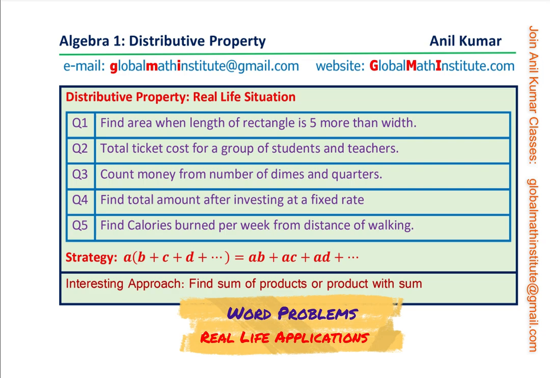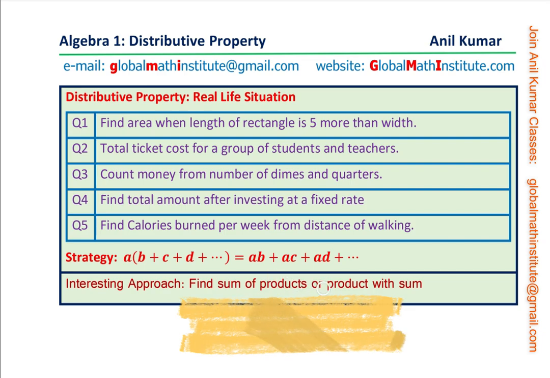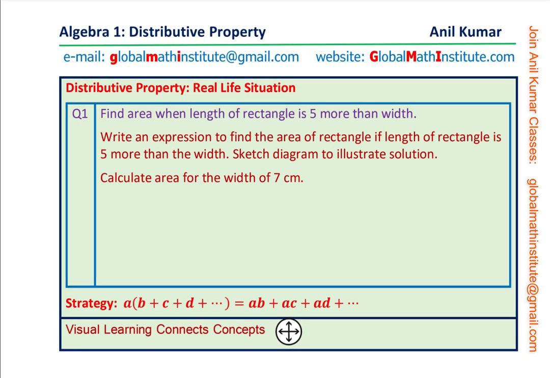And the basic distributive property is something like this: A times the sum of so many things could be written as A times B plus A times C plus A times D and so on, right? So it's your choice, find the sum of products or the product with the sum. Perfect. That is what we are going to see as we move along in this video with different examples.